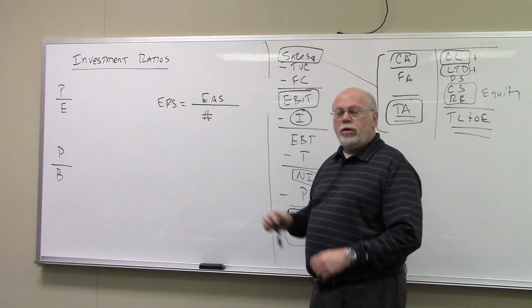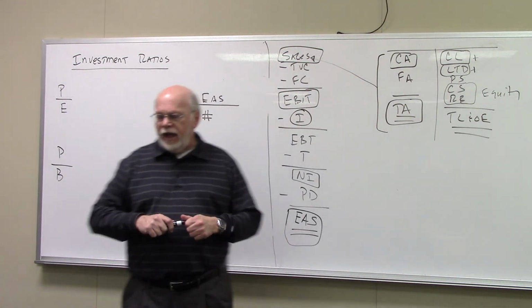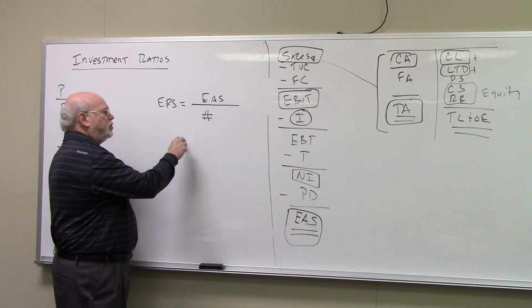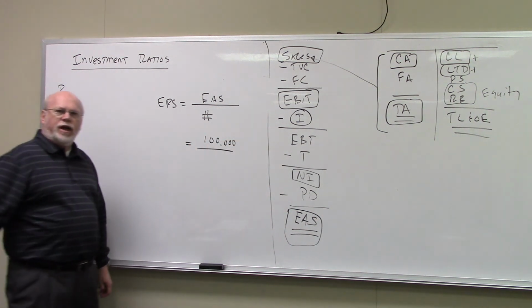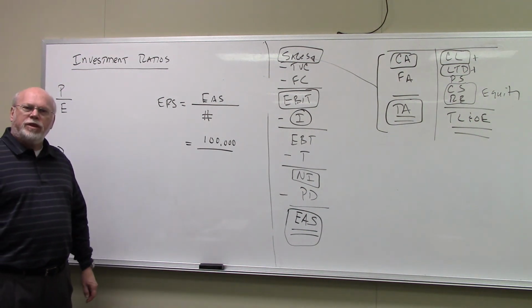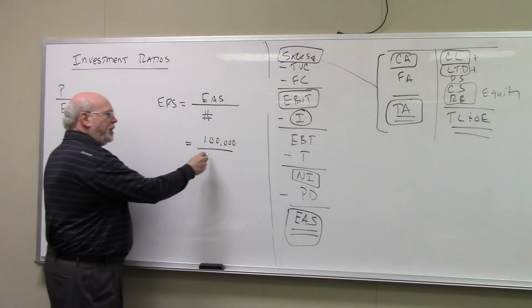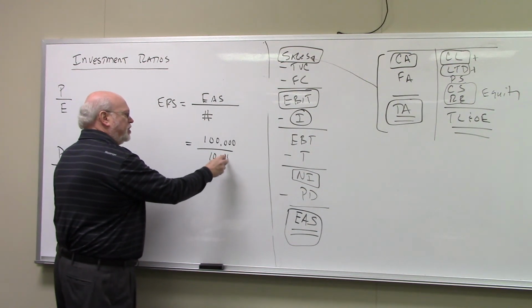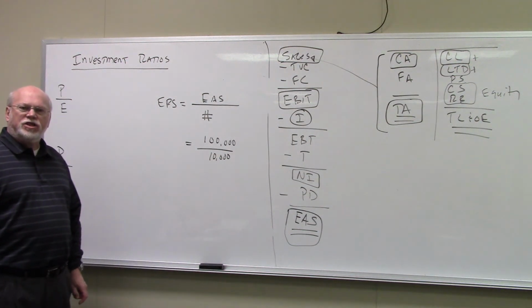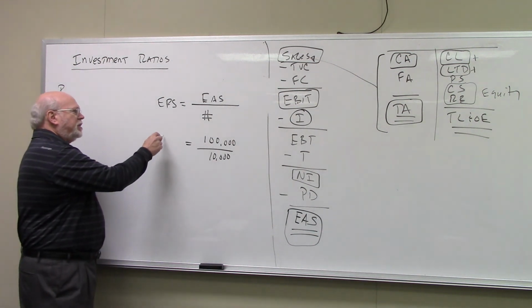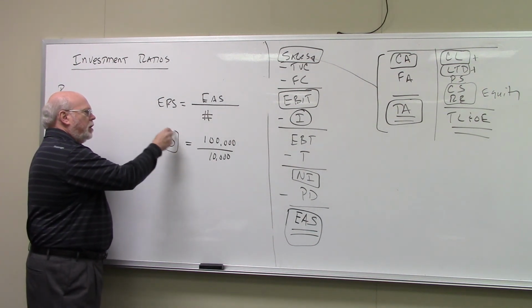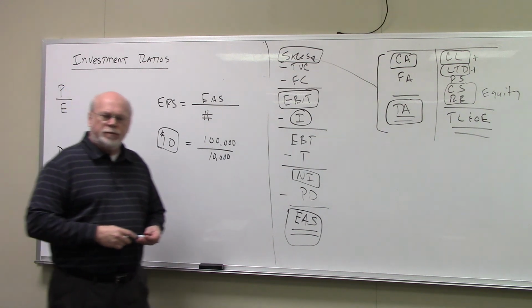So if you saw that earnings available to the shareholder was $100,000, that's the number at the bottom of the income statement, and you noted from the common stock section of the balance sheet that the number of shares outstanding was 10,000, then this company's earnings per share would be $10.